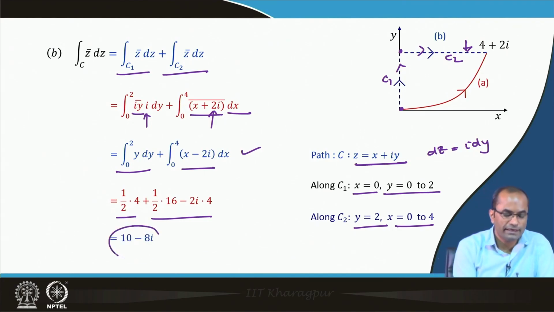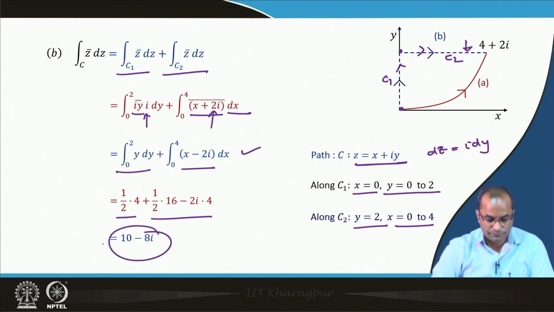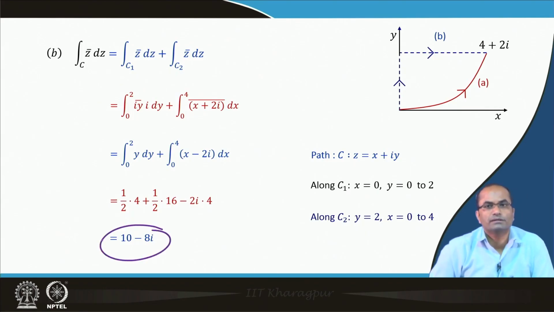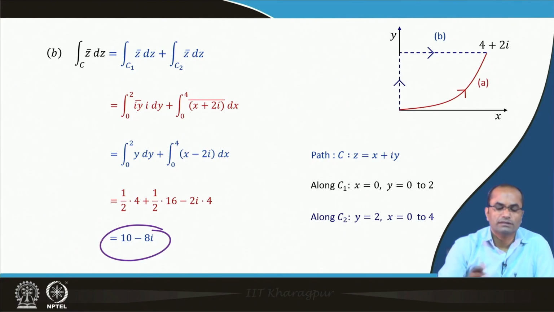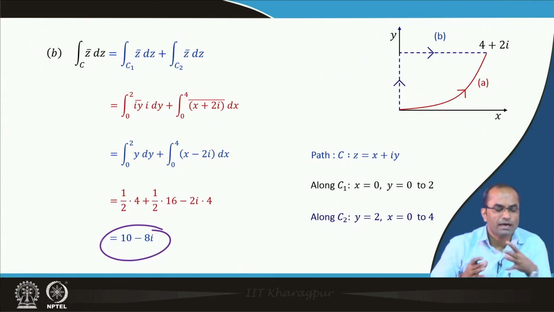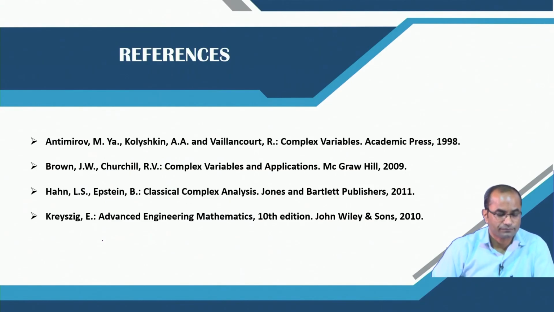We get 10 − 8i as the value of this integral along this path. So what we have observed is that along these two paths we have two different values, because z̄ is not analytic. If the function is analytic, then it will not depend on the path; it will depend only on the beginning and the end point.